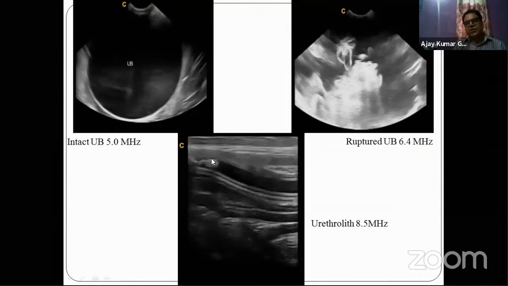Acoustic shadowing is usually not seen in cows, sheep, or goats, because usually these obstructions consist more of organic material than mineralized material, so they may not produce acoustic shadowing. So these are the conditions which can be diagnosed by ultrasonography in calves.